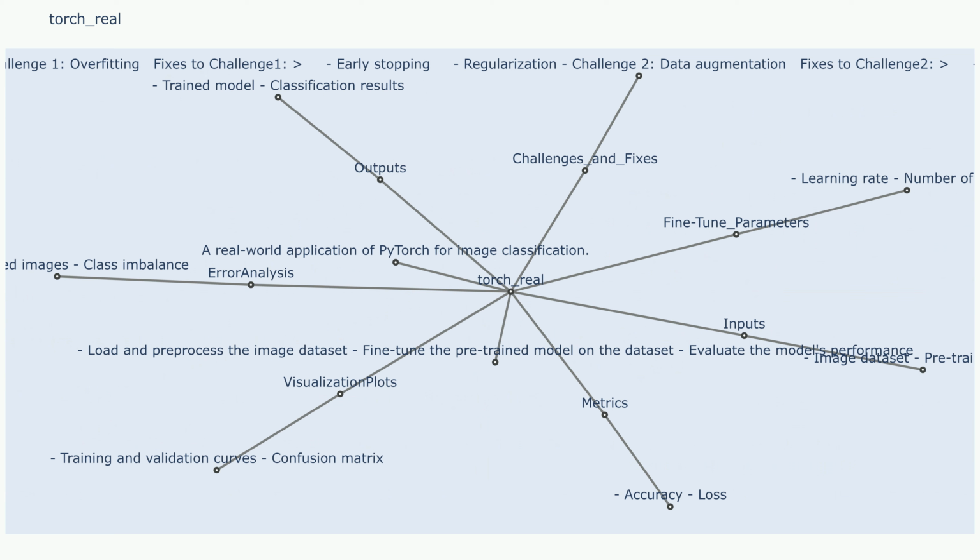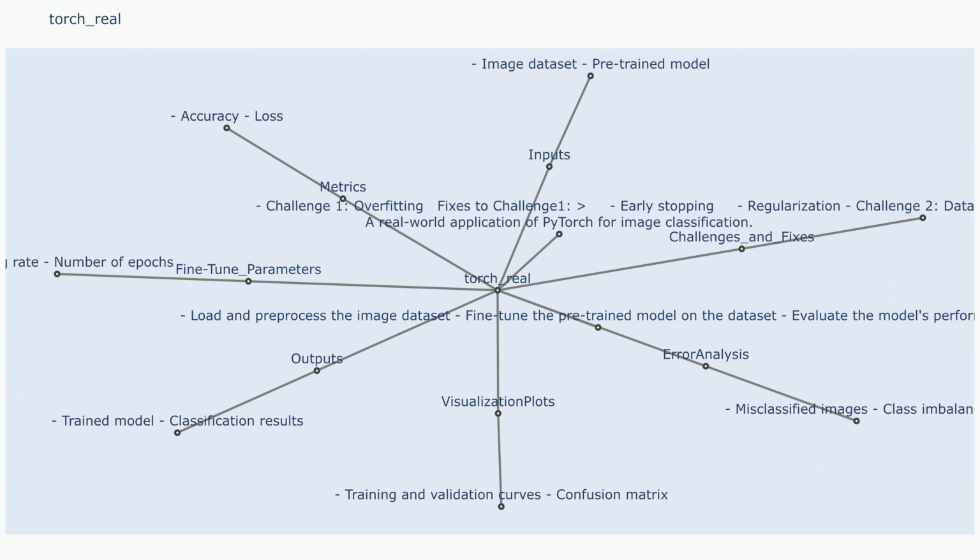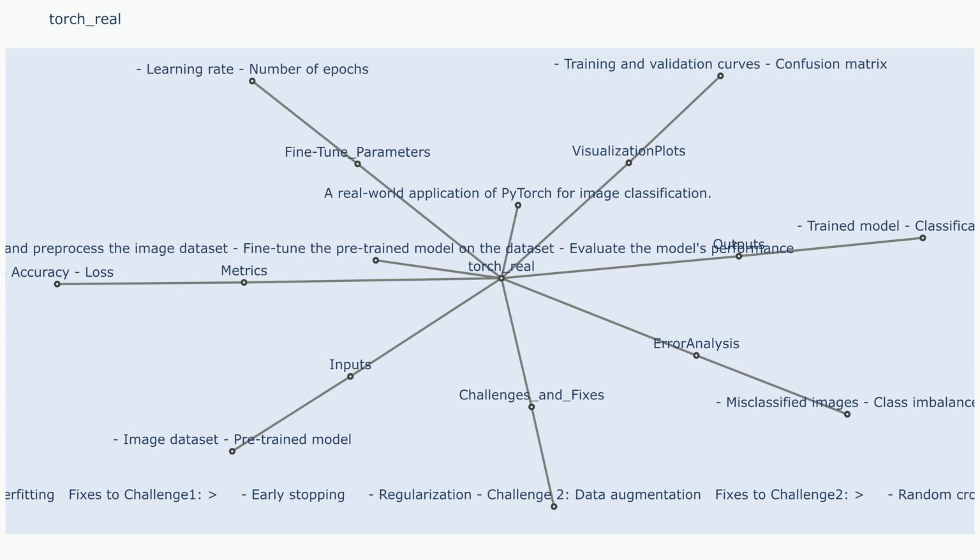Steps. Step 1: explain in detail load the model, load the trained PyTorch model from a saved file. Step 2: explain in detail prepare the input data, preprocess and transform the input data to the appropriate format for the model. Step 3: explain in detail perform inference, run the model on the input data to obtain the predictions.